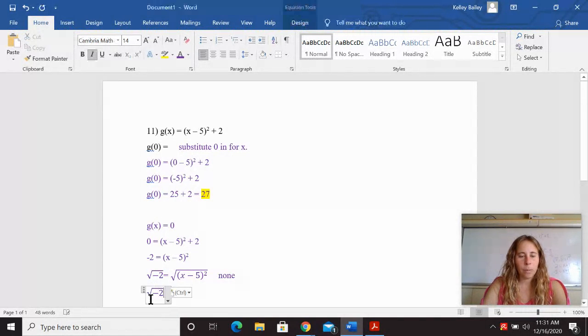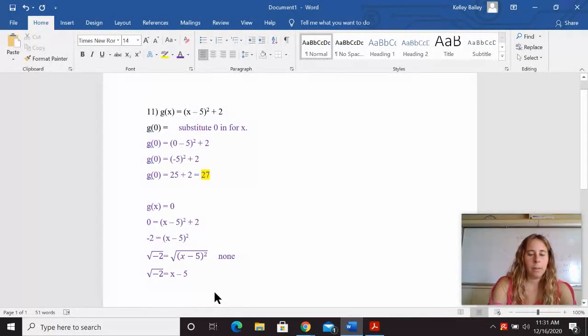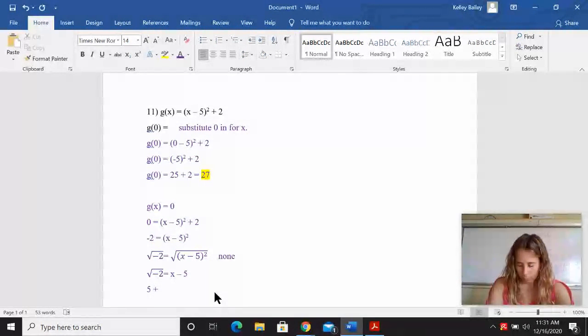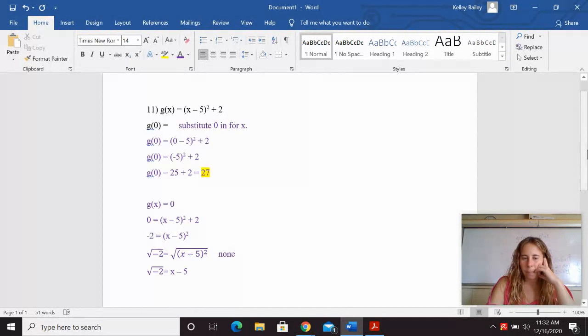You don't have to keep going, but if you did, you'd have 5 plus the square root of negative 2 and 5 minus the square root of negative 2. But you can't do it. This problem is there are none. There are no x-intercepts.